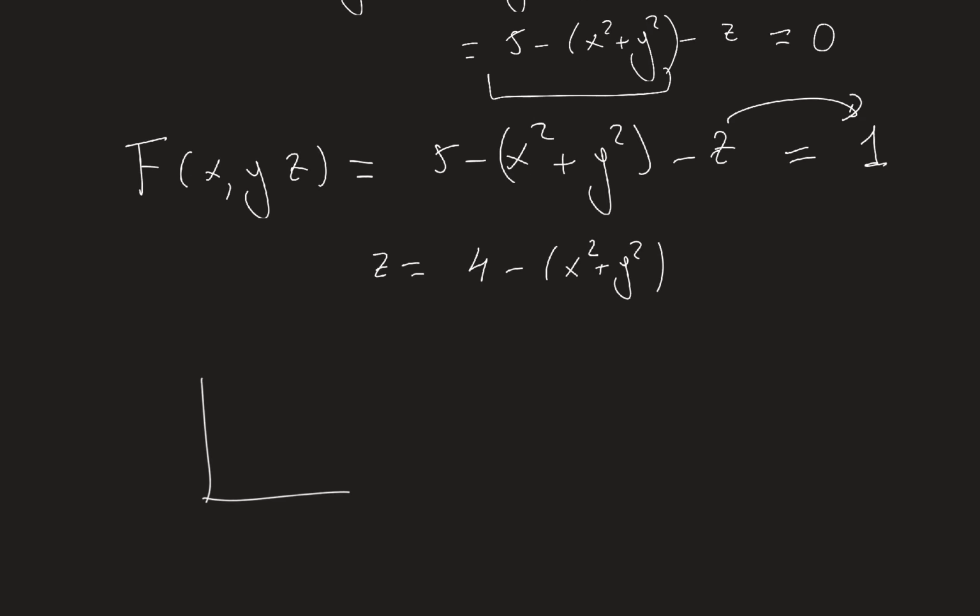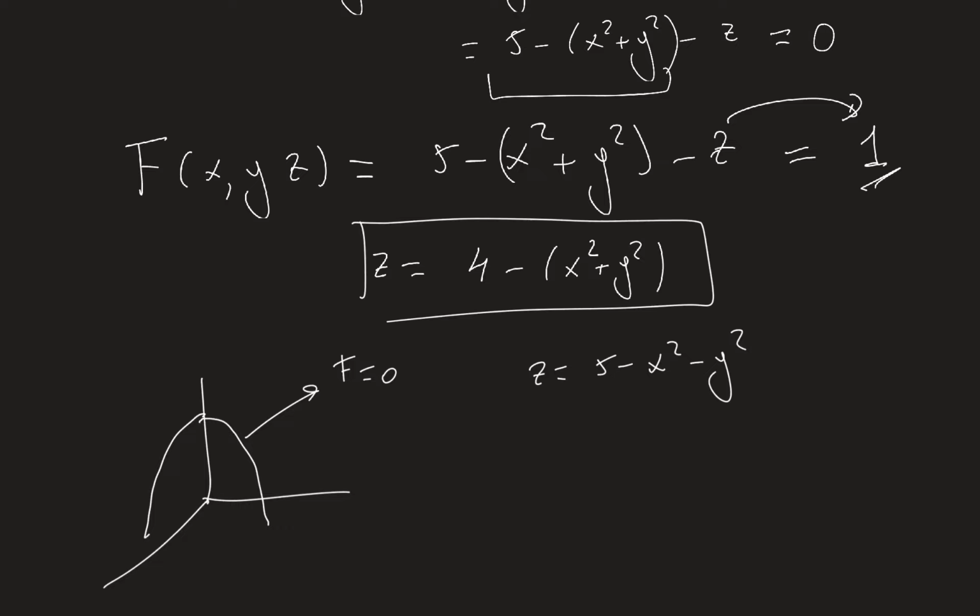The first level surface was this one, where F equals 0, and it is the function z equal 5 minus x squared minus y squared. Now, the level surface F equal 1 is the function z equal 4 minus x squared minus y squared. So this is F equal 1.